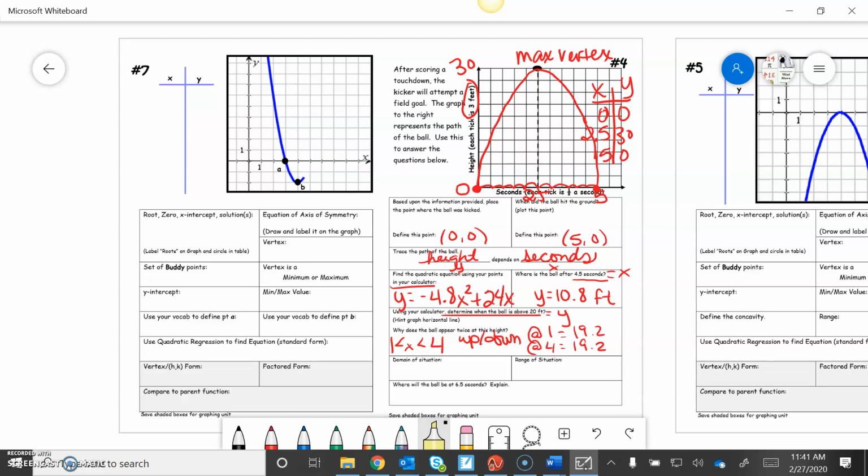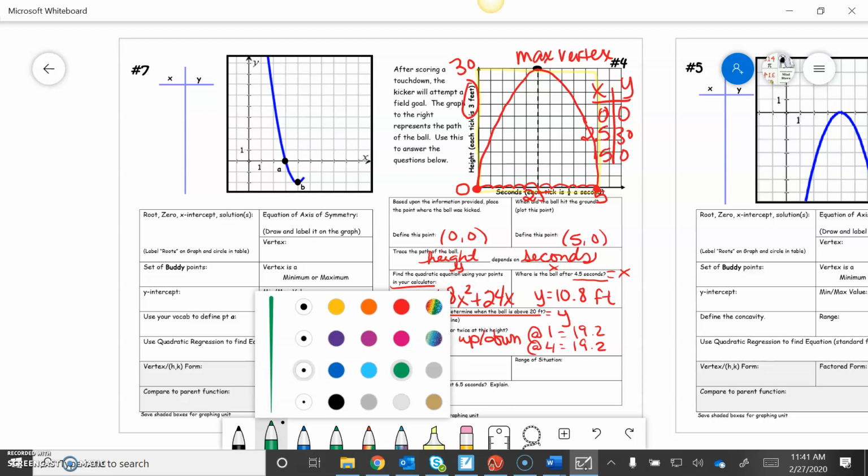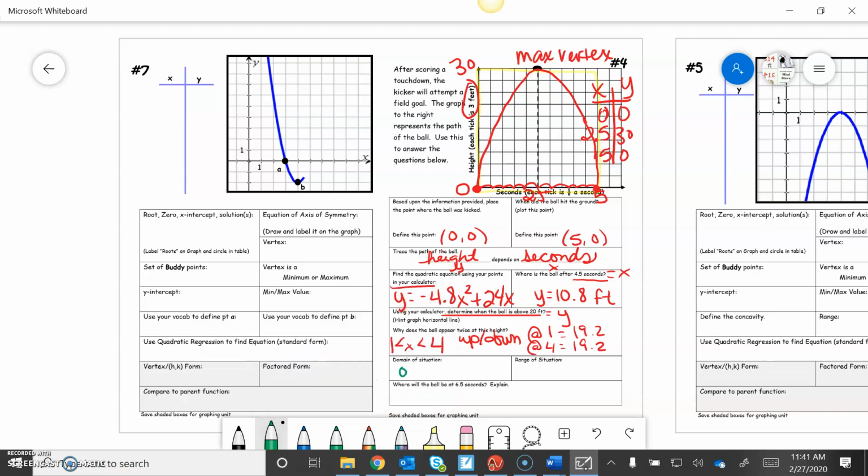The domain of our situation, if we drew our window as we practiced way back in the first semester, we can see that in fact it is continuous. So we need to say 0 is less than or equal to x is less than or equal to 5, and the range is 0 is less than or equal to y is less than or equal to 30.